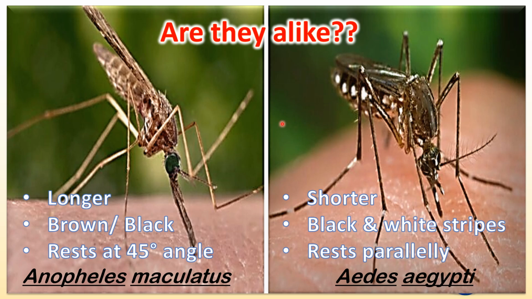So the next time a mosquito bites you, take note whether it's an Anopheles or an Aedes or a completely harmless species. Another thing to remember is that the Anopheles tends to appear at dusk, night, and dawn, whereas the Aedes mosquitoes, they are flying around during the daytime.